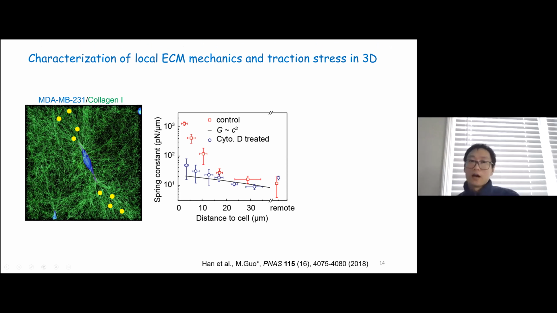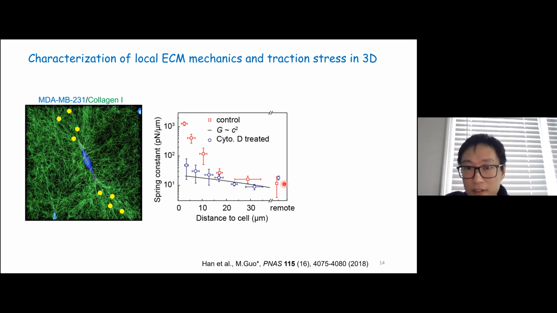All right, just some very quick results. When we measure at different distances to the cell, for example, if there's a particle really far away from a cell, and you grab the particle to measure the local stiffness, what you get is somewhere here.